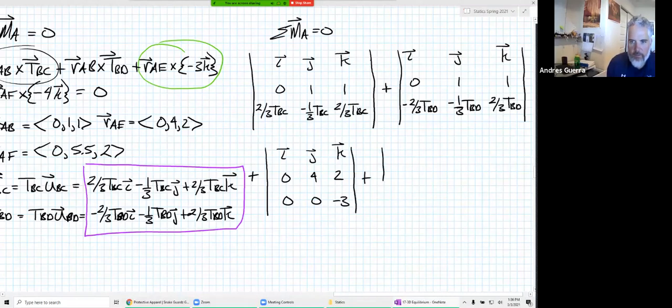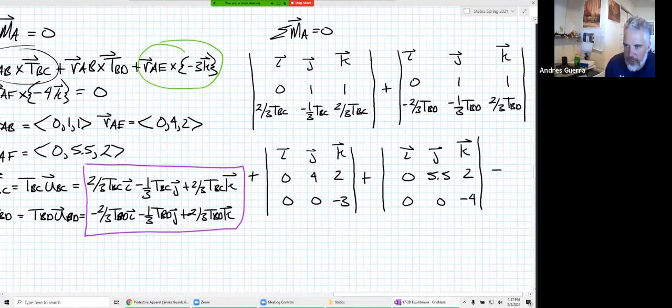And our fourth cross product here is going to be RAF crossed with that 4 in the K hat direction. So 0, 5.5, and 2, and 0, 0, minus 4.